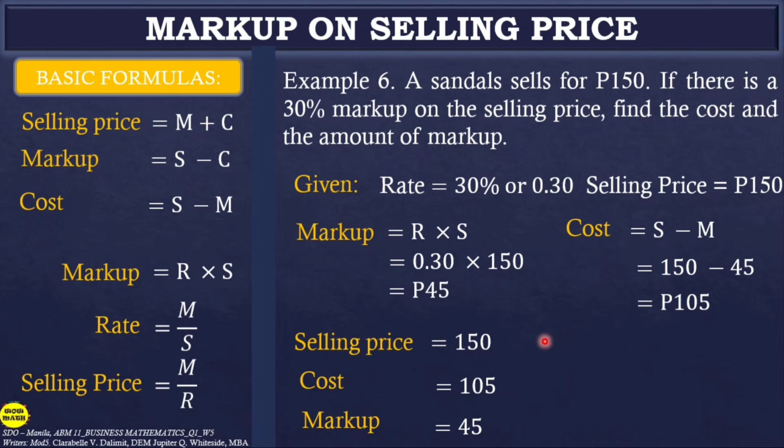Ngayon, nakay selling price naman. So siya yung 100%. So kung kukunin natin yung percentage ng cost natin based on selling price, paano natin gagawin? So i-divide lang natin yung amount ng cost natin doon sa selling price. So 105 divided by 150 times 100, the answer is 70%.